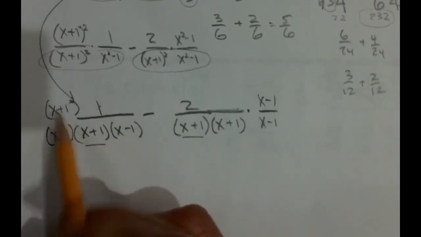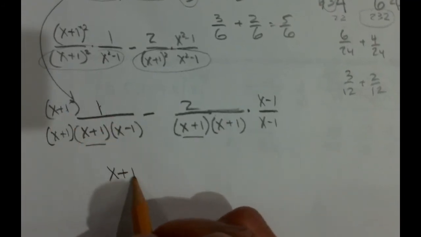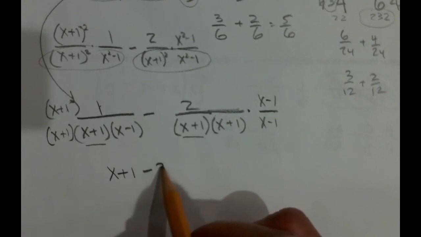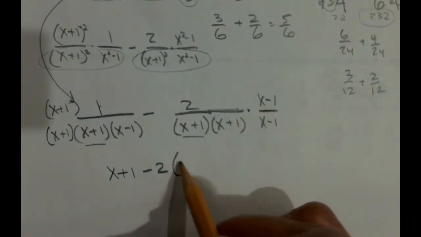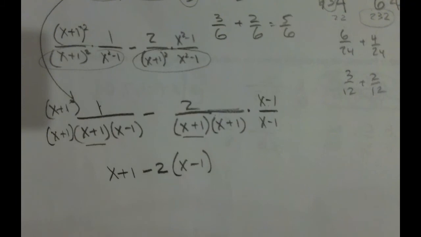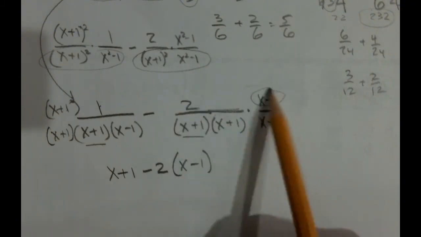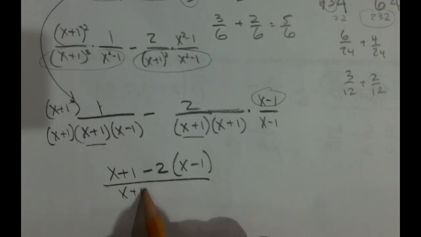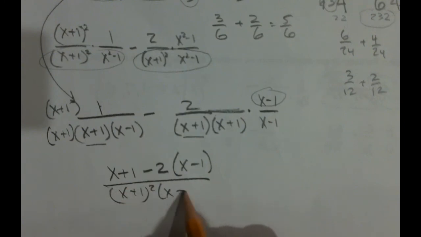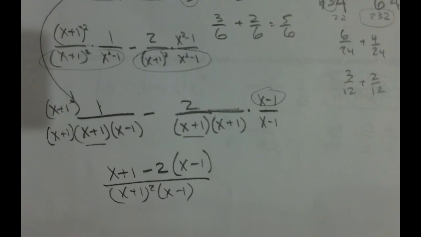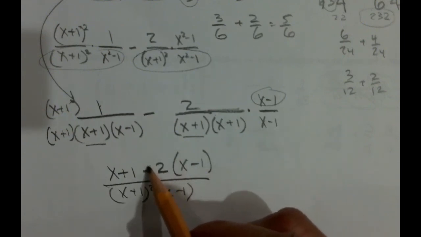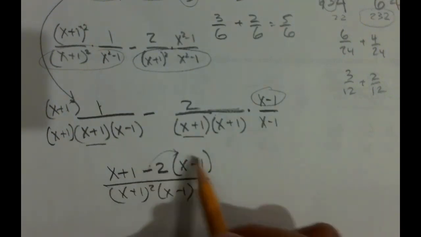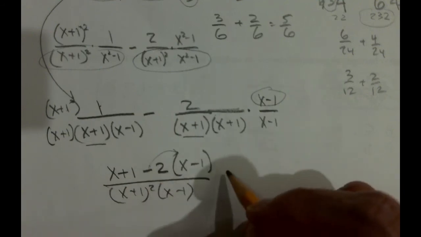I have 1 times x plus 1, which is x plus 1, minus 2 times x minus 1. I need to keep that in parentheses, because it's 2 times this whole quantity. All of that over x plus 1 squared, x minus 1. Alright, so let's distribute this so that we can combine the x's and the constants.